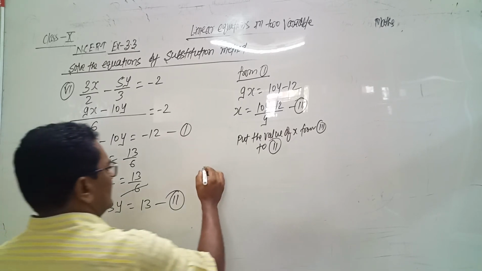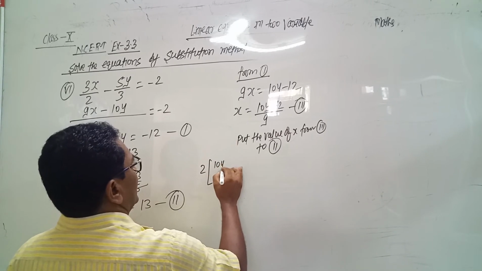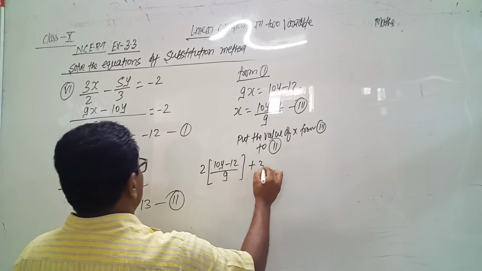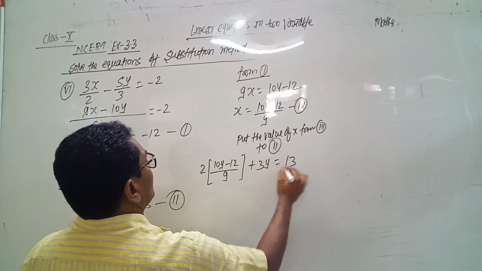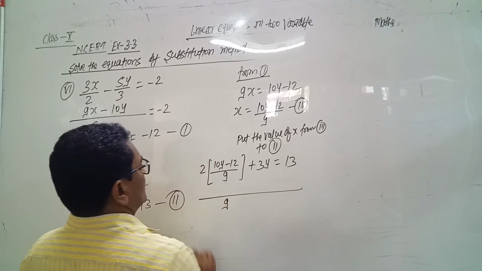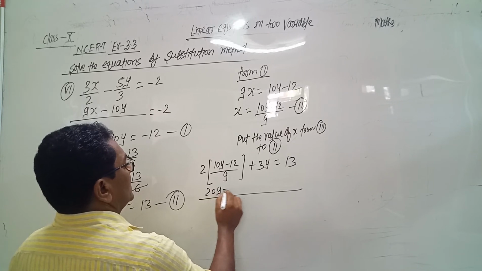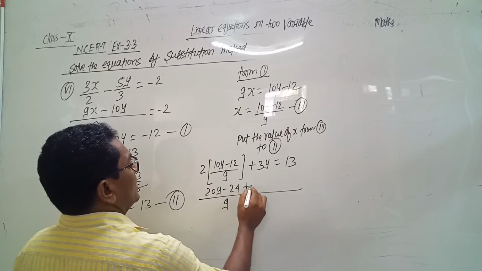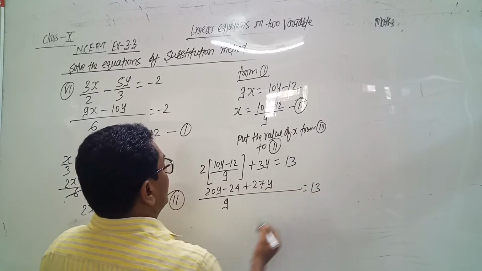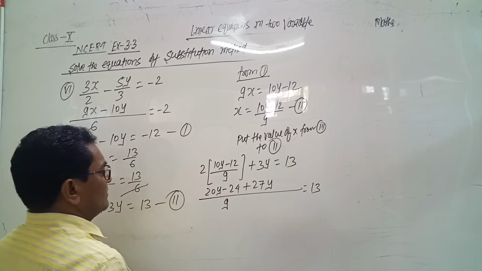So the second equation is 2x, and the value of x we get (10y minus 12) by 9, plus 3y equals 13. Let us take LCM. So LCM is 9, 2 into 10y, 20y minus 2 into 12, 24, plus 9 into 3, 27y equals 13 into 9, and 20y plus 27y.